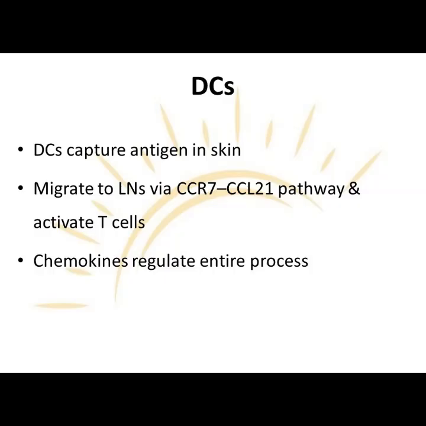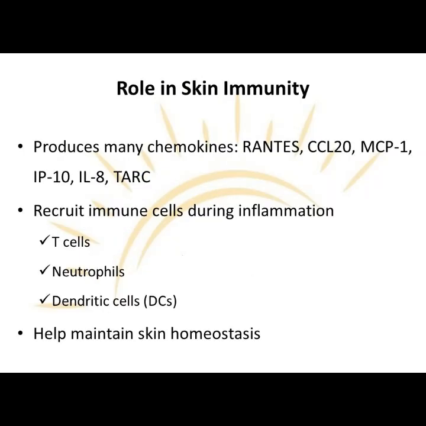Chemokines regulate this entire process. Role in skin immunity. Skin produces many chemokines: RANTES, CCL20, MCP1, IP10, IL8, TARC. These recruit immune cells such as T cells, neutrophils and dendritic cells, DCs, during inflammation. They help maintain skin homeostasis.